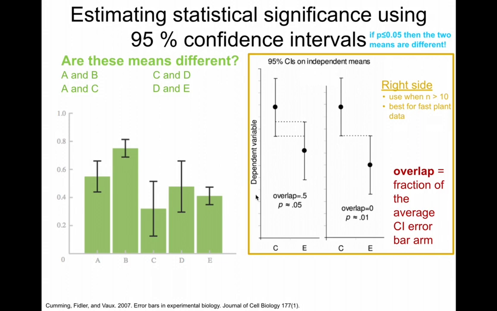And if there's no overlap, then we can say at the p is approximately 0.01 level that these means are significantly different from one another. So zero overlap means significantly different. Now let's take a look at the error bar for A and the error bar for C.